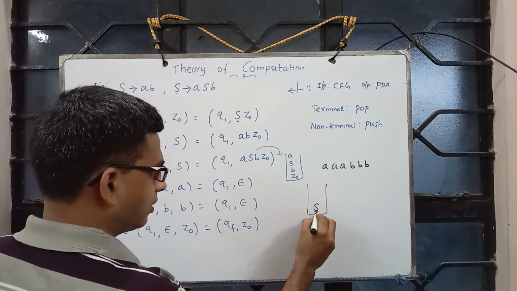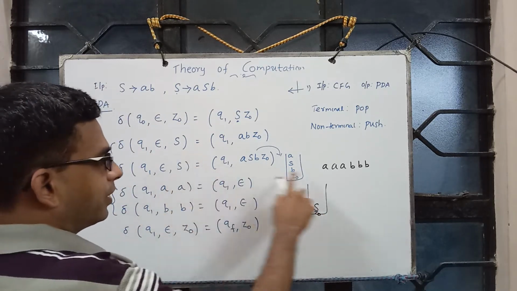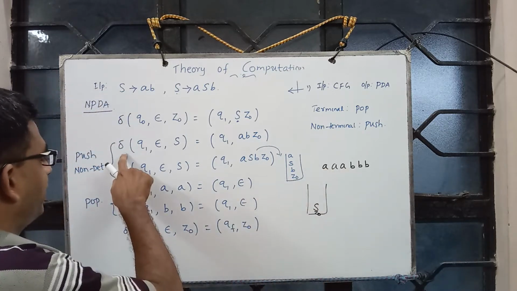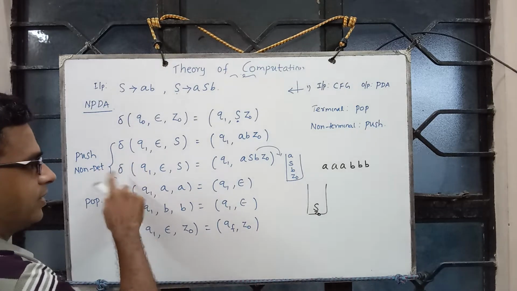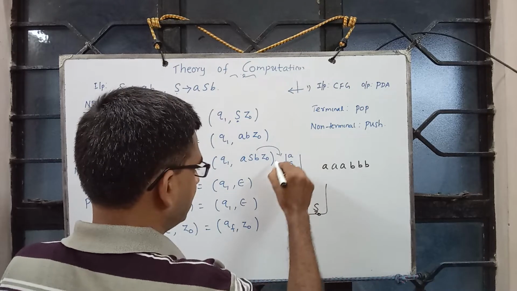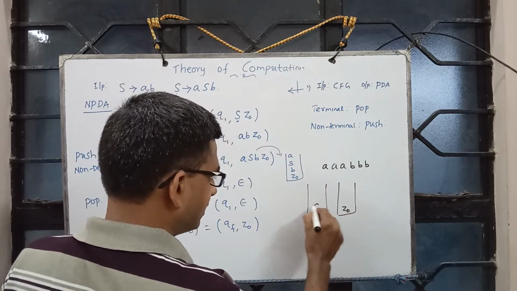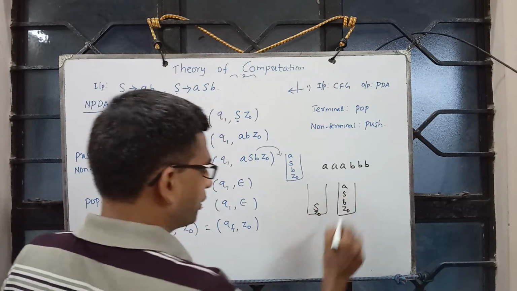It is Z0, on top of it this. Now you have this much. Now I need to choose non-deterministically between this and this. So let me go for this. One branch will explore this, another branch will explore this. Which means you replace this by ASB. This is what you will have.